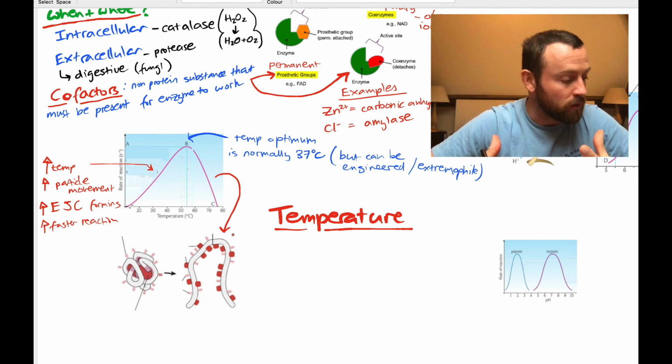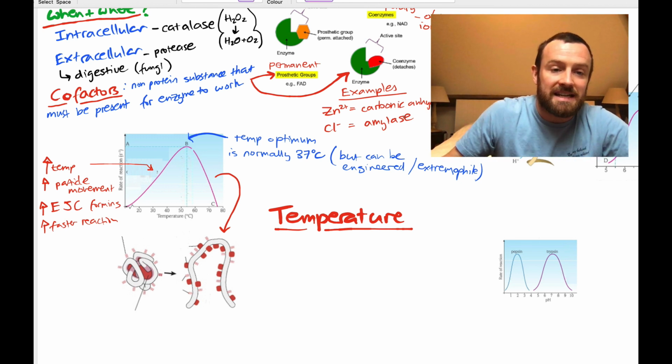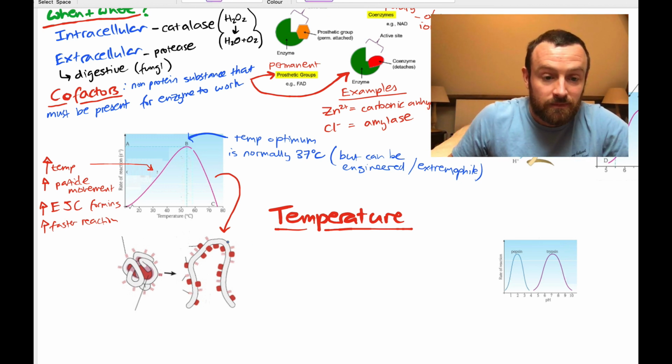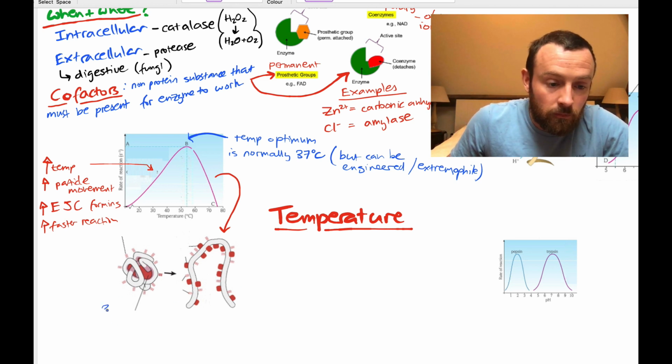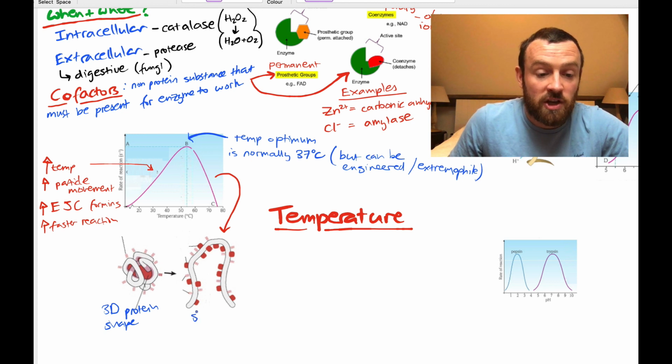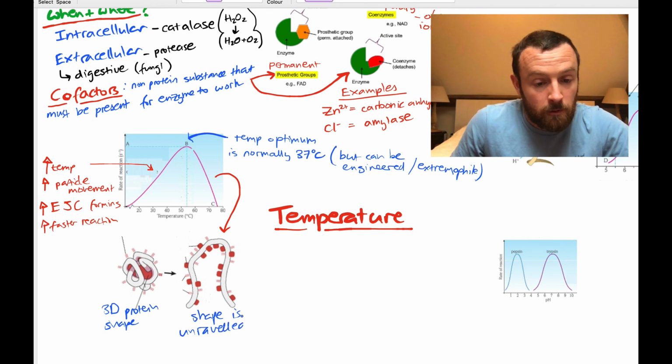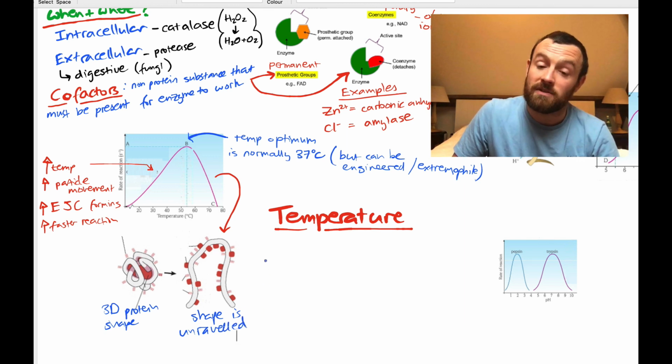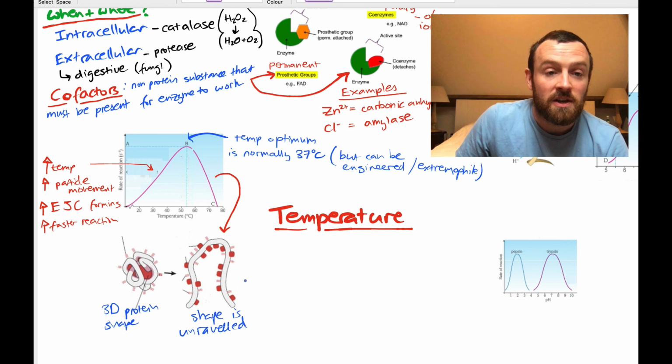So it unravels. The protein becomes denatured. So here, this is the 3D protein shape. And here, the shape is unraveled. We don't use the word unraveled. We have a specific word for that. Of course, you know it. It is denatured.